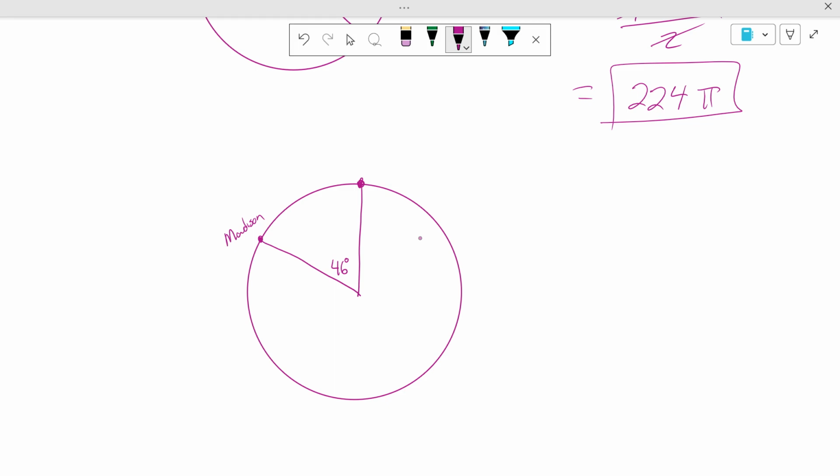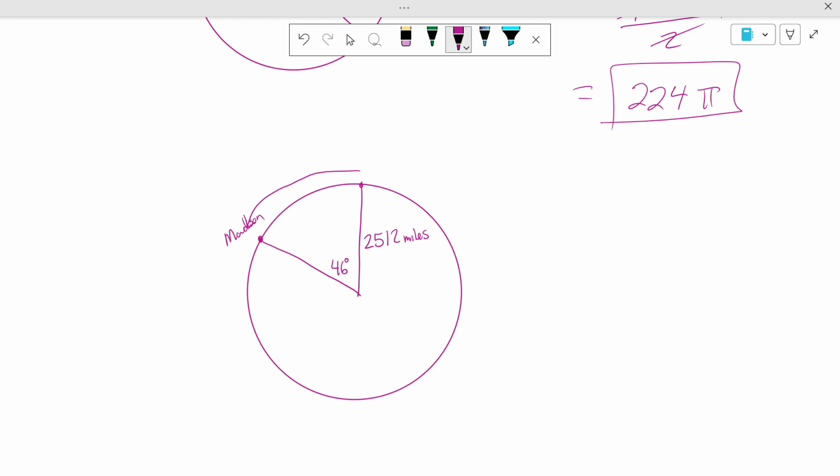Now, if the radius of the Earth is 2,512 miles, and Santa Claus has to fly his sled to your house in Madison, and he goes on the surface of the Earth, so maybe he just skates right along the surface of the Earth. How many miles does Santa Claus travel to get to your house to deliver you presents?